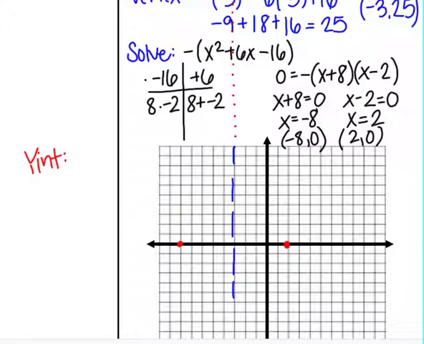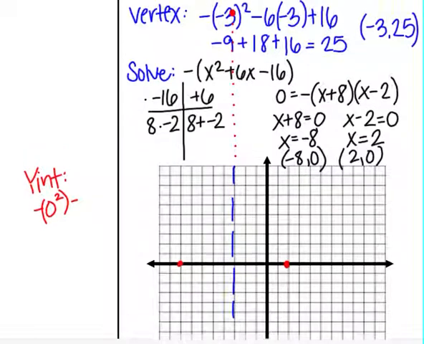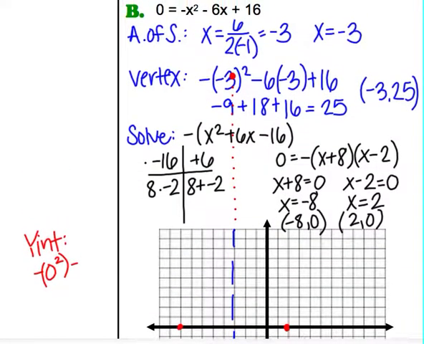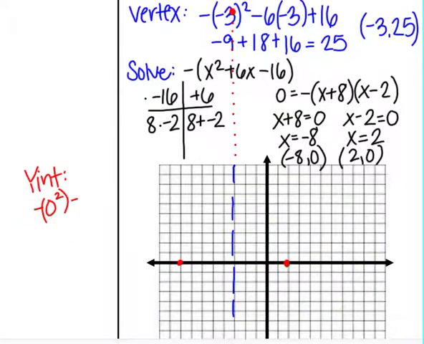So then we've got the negative of 0 squared minus, I'm going to go back to the original equation, minus 6 times 0 plus 16, which means that y equals 16, so 0, 16.